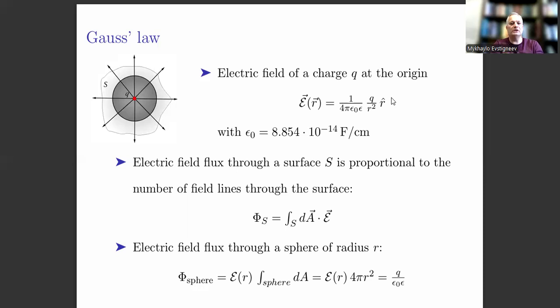And by local, I mean you measure the electric field at the same point where that patch, the dA patch, is located. So you take the dot product of the two vectors, dA and the electric field, and you take the sum over all patches that cover your surface. In the limit, the area dA goes to 0.